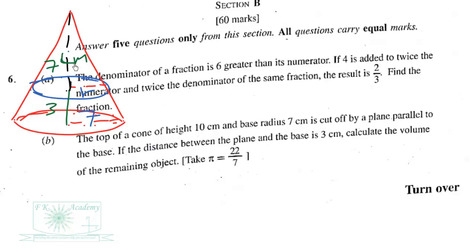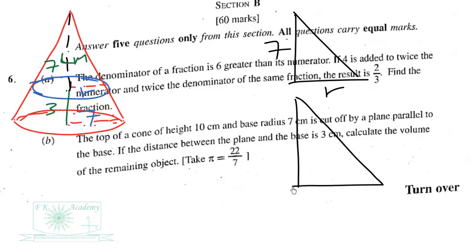Alright, so we can now calculate the missing radius, the radius of the smaller base, using similarity. We can see that there's a similar triangle here. We have small r, we have 7, then we have another triangle, we have big R which is 7 centimeters, and we have 10 here.